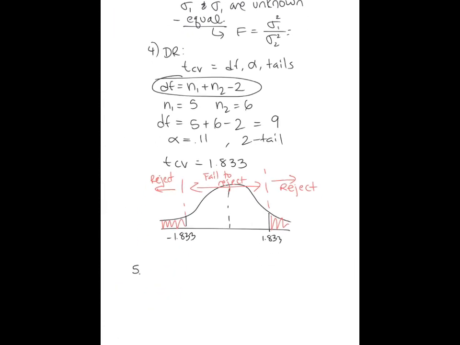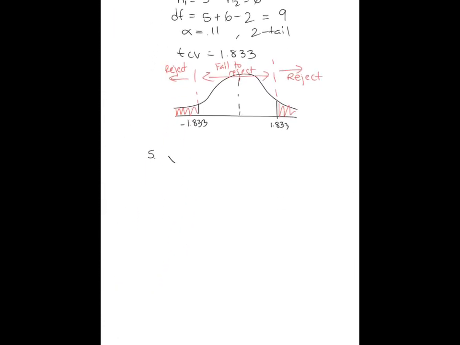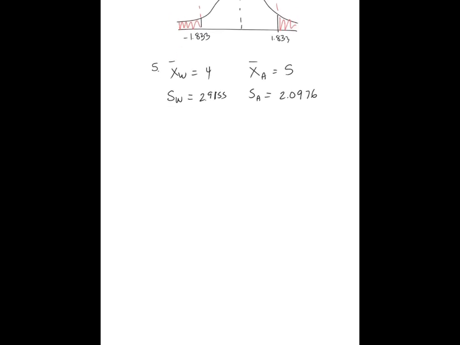Okay, now we need to calculate the pooled variance. So let's fill this in here into where we were working. We have x bar Wells is 4, x bar Atkins is 5, S for Wells is 2.9155, and S for Atkins is 2.0976.